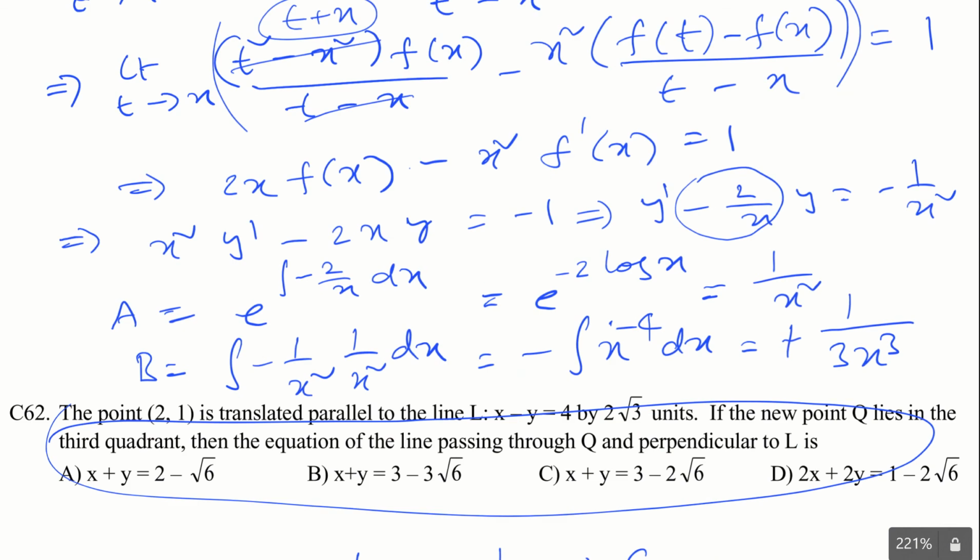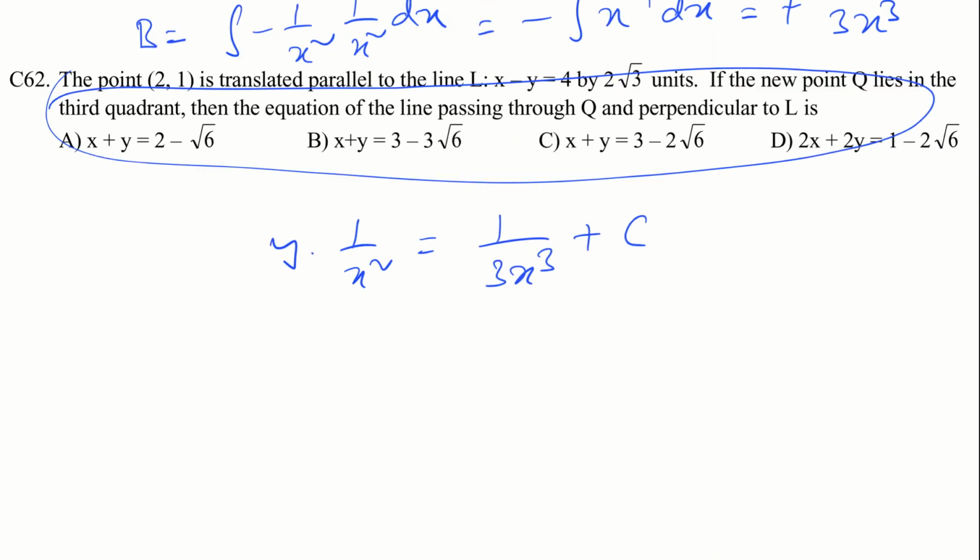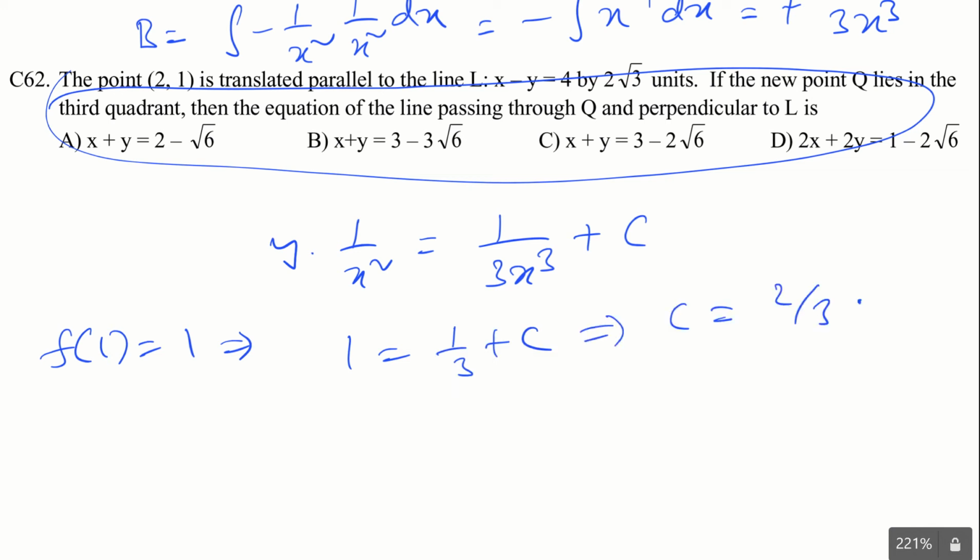Using f of 1 equal to 1, that is when x is 1, y is 1, I get 1 is equal to 1 by 3 plus c. That means c is nothing but 2 by 3. Therefore, y by x square equal to 1 by 3x cube plus 2 by 3.